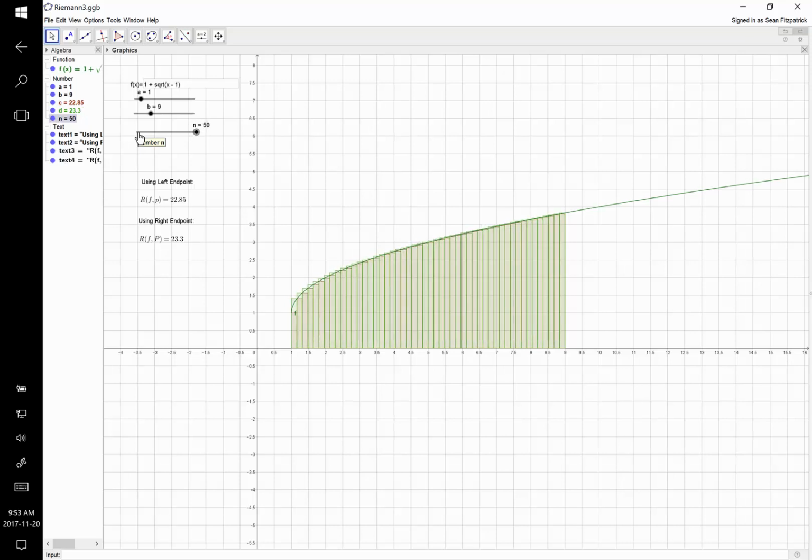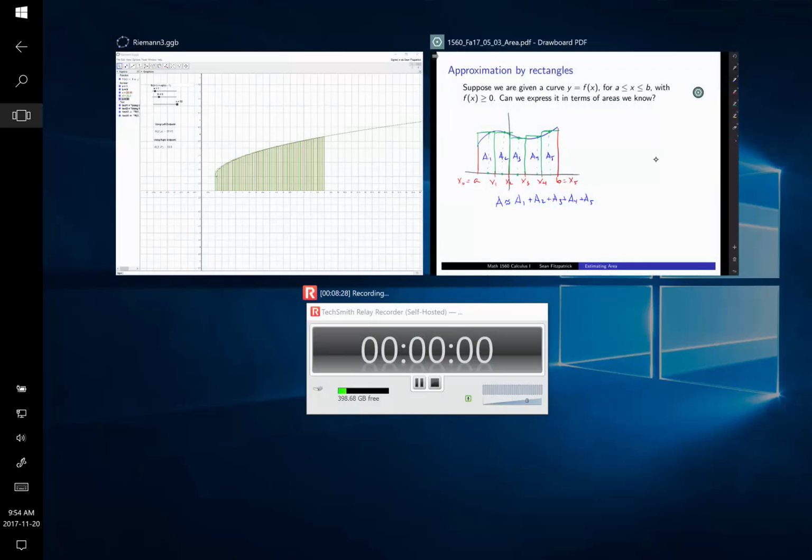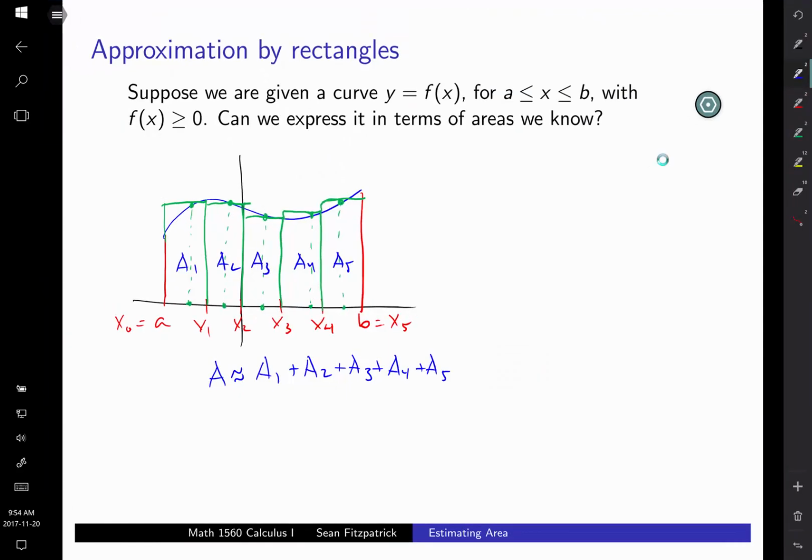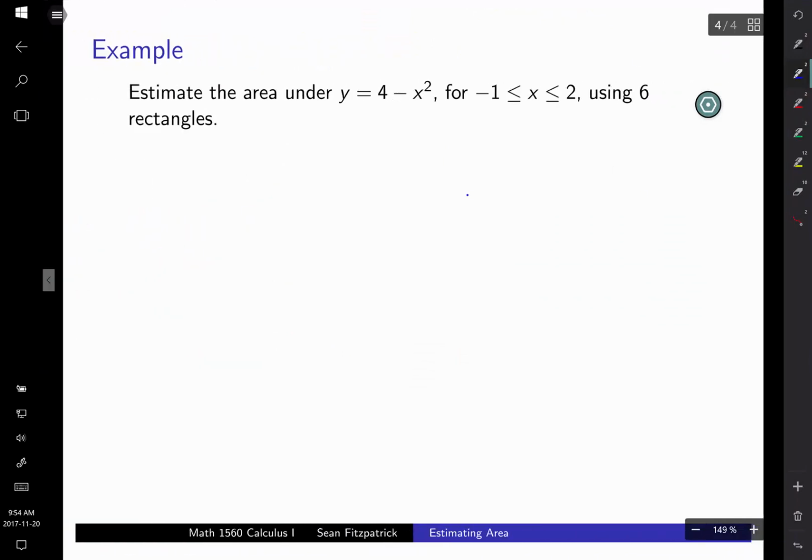Here we see our underestimate 22.85, our overestimate 23.3, so we can reasonably guess that the true area is somewhere around 23, give or take. If we wanted to improve this estimate, we could just continue to use more and more rectangles, but occasionally approximation is all you need.